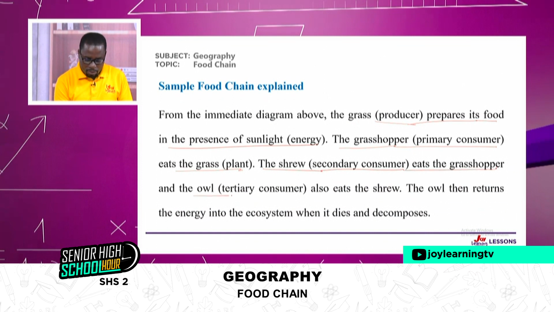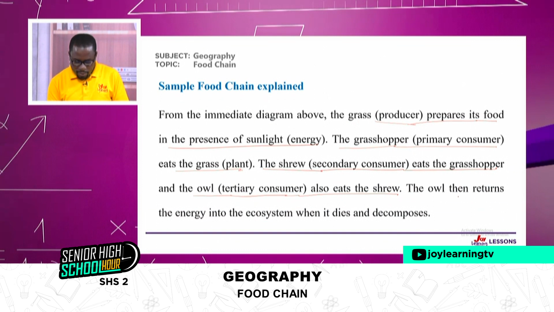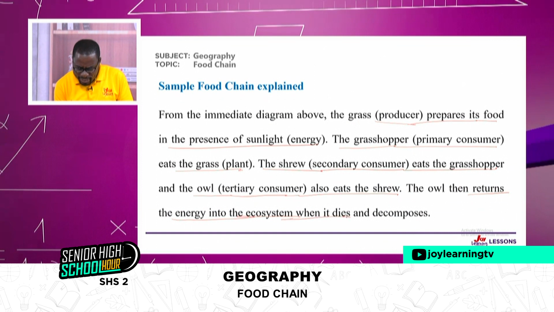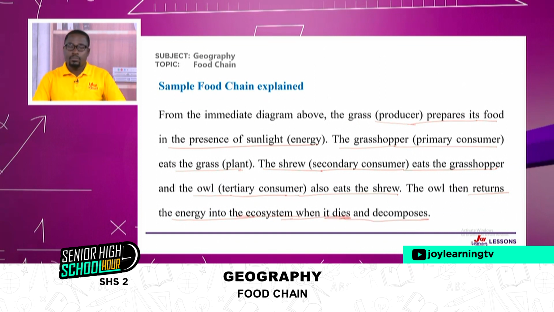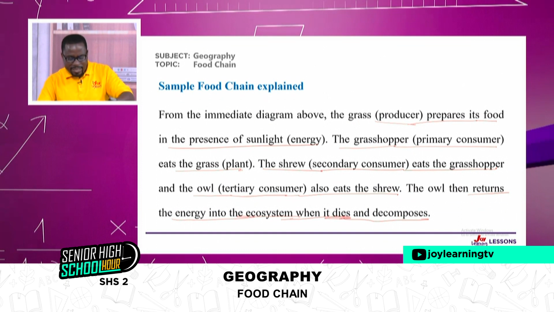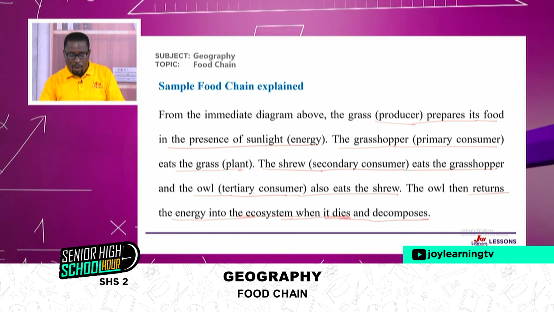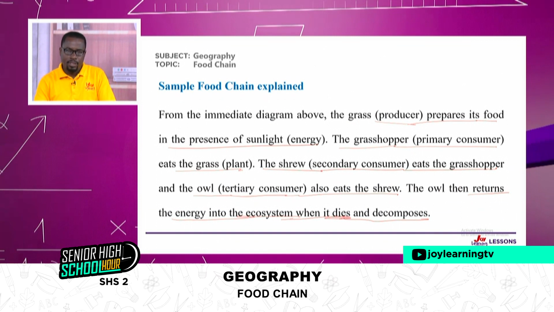And the owl, which is the tertiary consumer, eats the shrew. The owl then returns the energy into the ecosystem when it dies and decomposes.